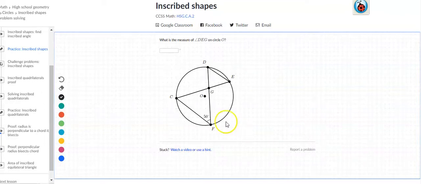All right, this is asking us for D, E, G. Okay. So this one's a little bit easier because we have our inscribed angle, our 50 is the only number we have, and so 50 is the inscribed angle for CD, so the arc equals 100, which is our 50 times 2.